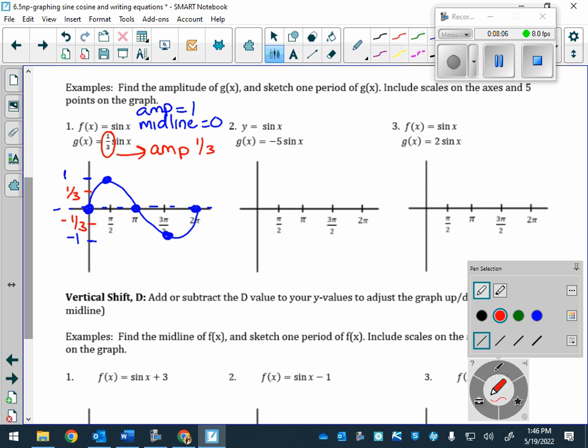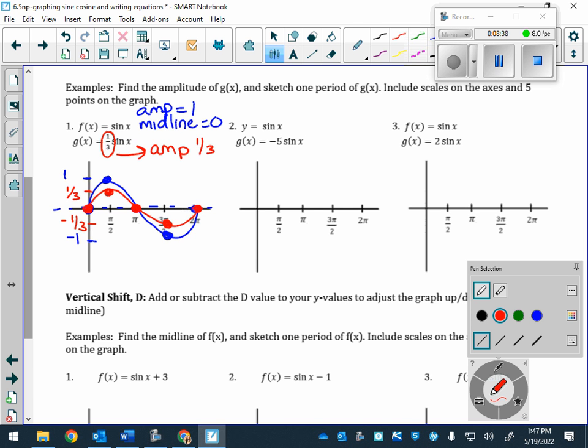My midline for this graph is still 0, and it's still following the same trend. So starting at 0, now we're going to 1/3, back to 0, -1/3, and back to 0. By our amplitude changing to 1/3, you hopefully saw a compression. Does that make sense?